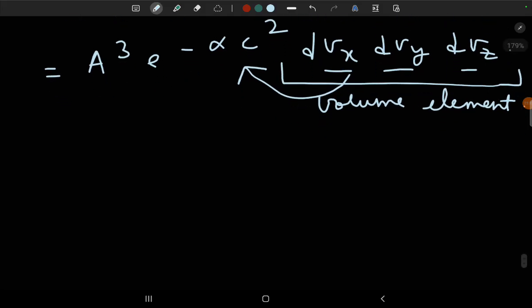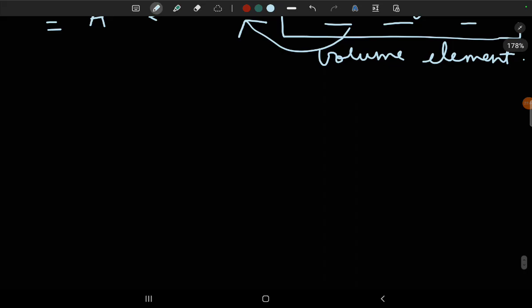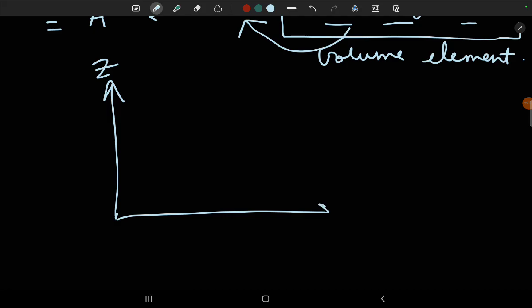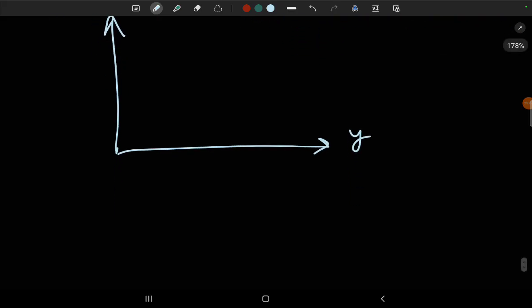Okay, so let's consider the 3D coordinate system. So let's have our z axis, this is our z axis, this is our y axis, and this is our x axis.